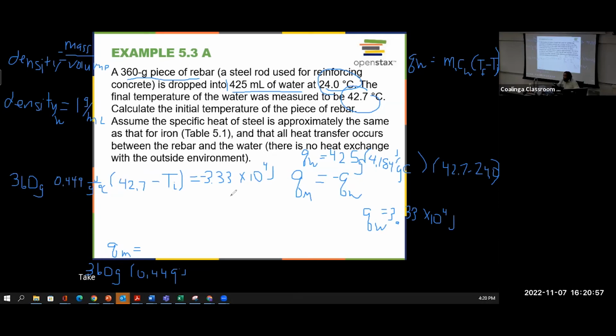So if I take these numbers and divide them up by both sides: 42.7 equals 3.3 times 10 to the fourth joules divided by 60.4, 5 grams, C.